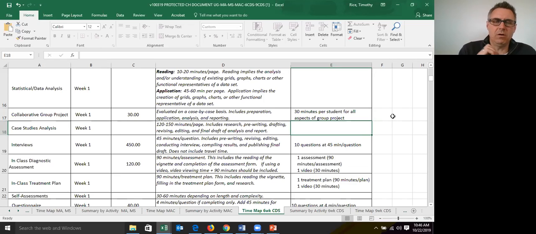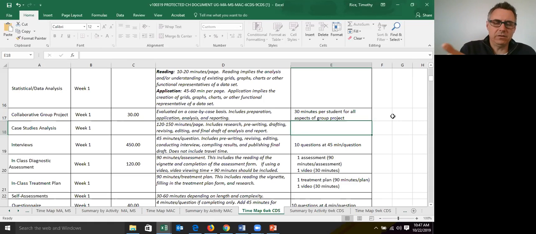Basically on any group project that you might have, this is something that some classes are going to have, some faculty members will have in their courses. It is evaluated on a case-by-case basis, and typically you're going to be looking at it based on 4 areas: the preparation of the actual project, application, analysis and reporting that comes with the actual project too.